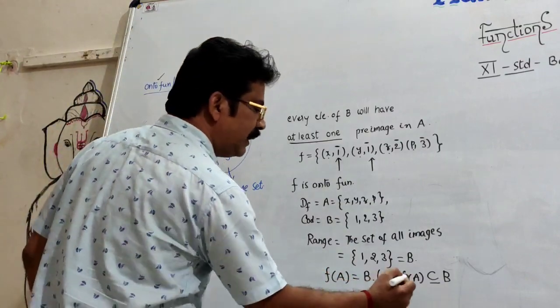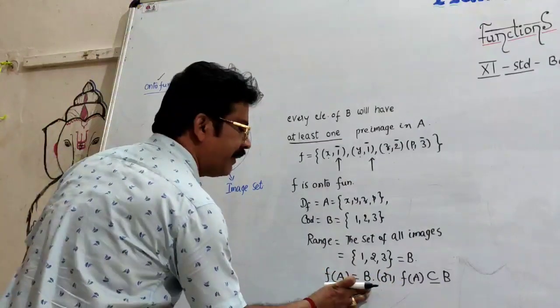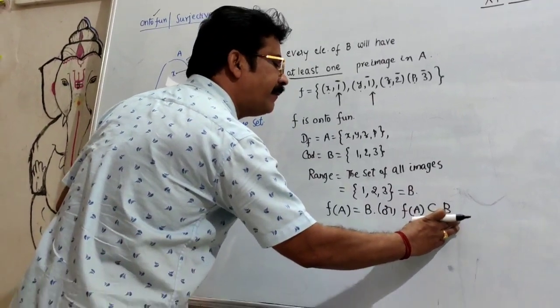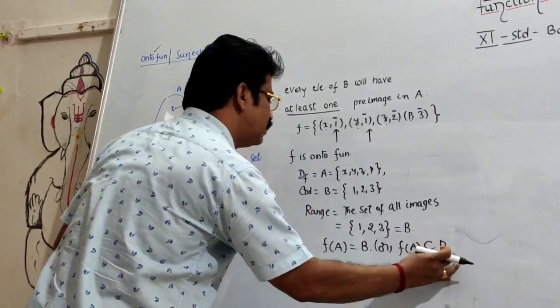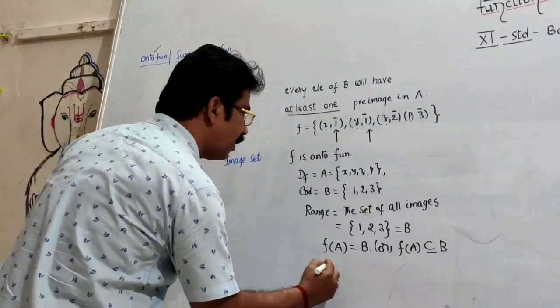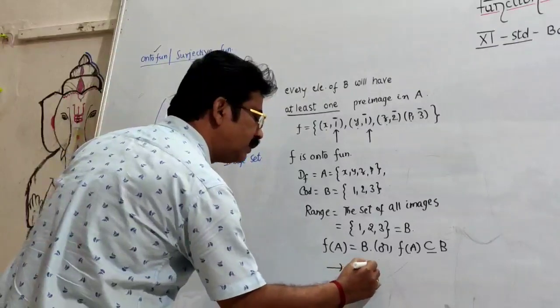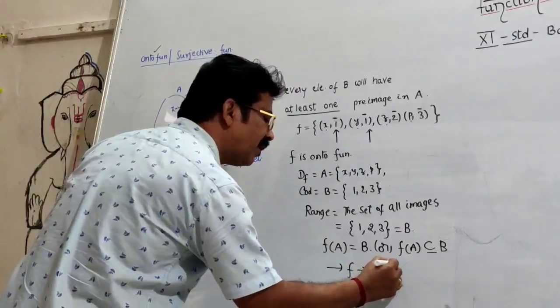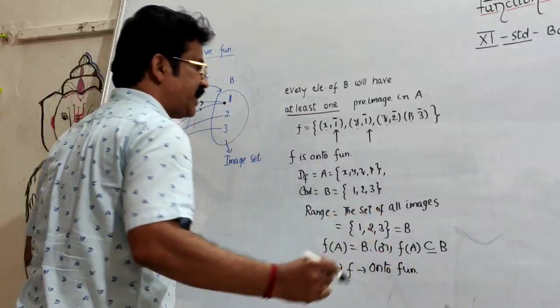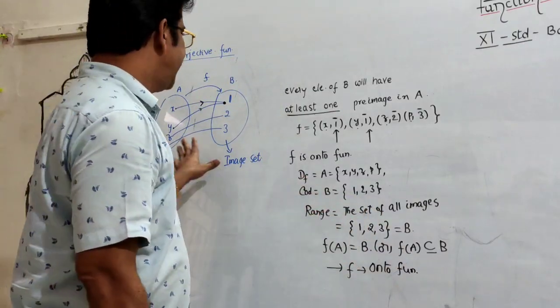So therefore if f of A is equal to B or f of A is a subset or equal to B, then f is called onto function. So this is the right definition.